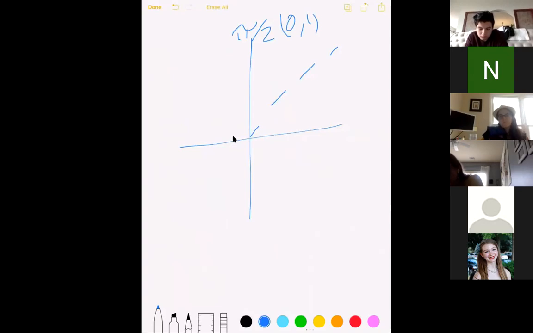So the cosine of pi over 2 minus an angle would just be the negative of that angle, and then sine would be 1 minus the angle.